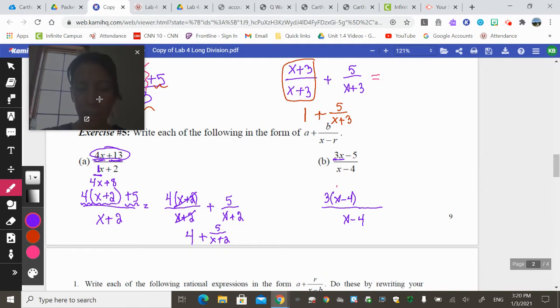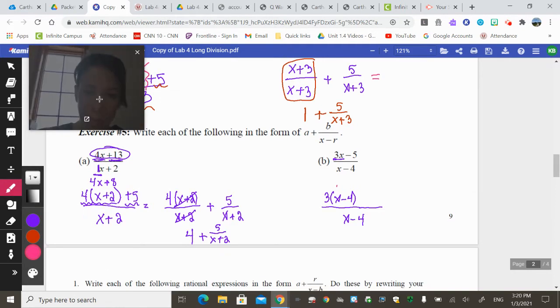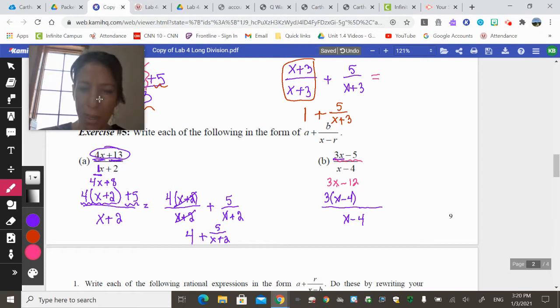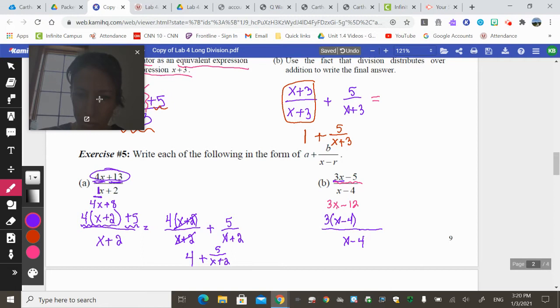In distributed form, it's the same as 3x minus 12. But I want a 3x minus 5, so to change that negative 12 into a positive 5, I'm going to have to add 7. Plus 7 is the magic number that would turn this numerator back into 3x minus 5.